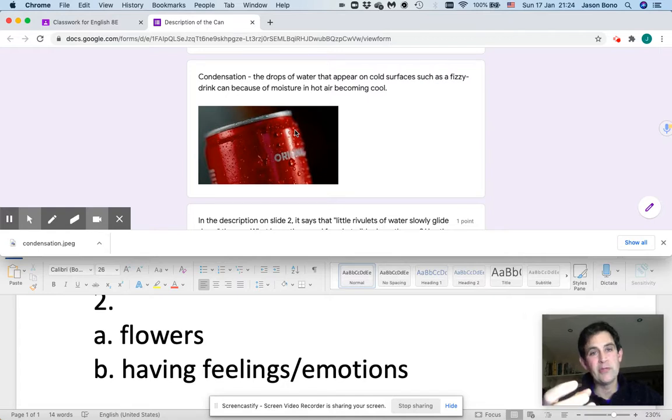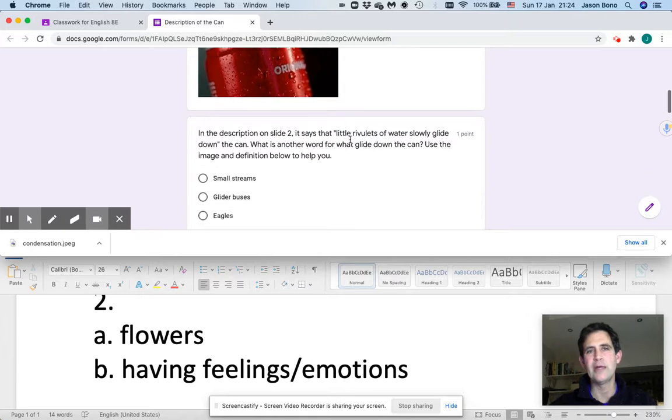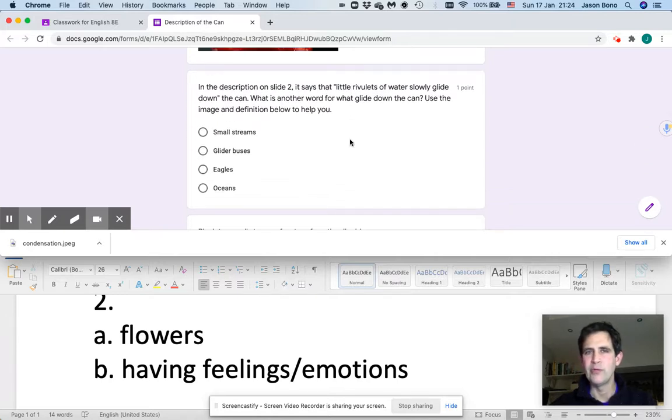So if your can's very cold and there's some moisture in the air that's warm, when that hits the can, the water, instead of being in gas form, it condenses. So that should give you an idea of what's your answer here. Nice and easy. Mark that and add that word to your vocabulary.